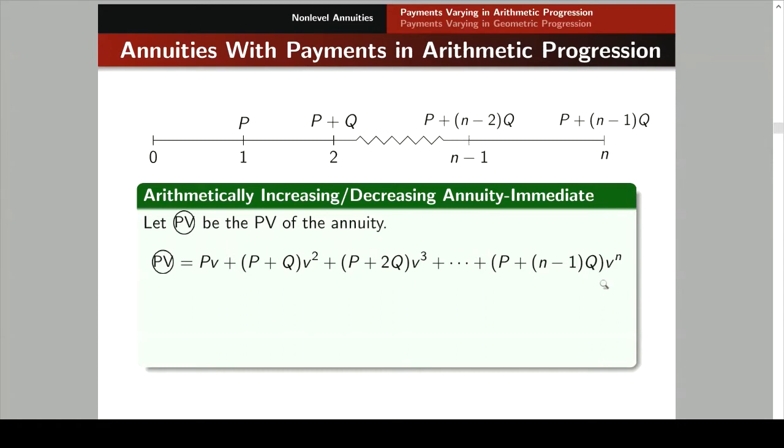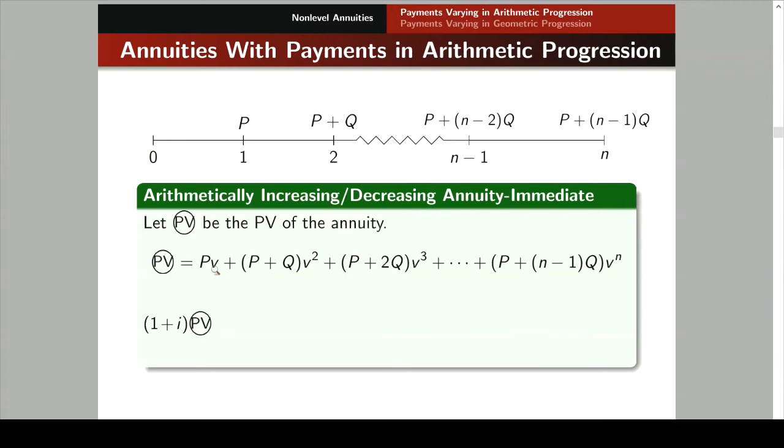And then, I want you to multiply both sides by 1 plus i. So I multiply the encircled PV by 1 plus i, and we do the same on the other side. Do you see, the v and 1 plus i cancel out, because v is equal to (1 plus i) raised to negative 1.